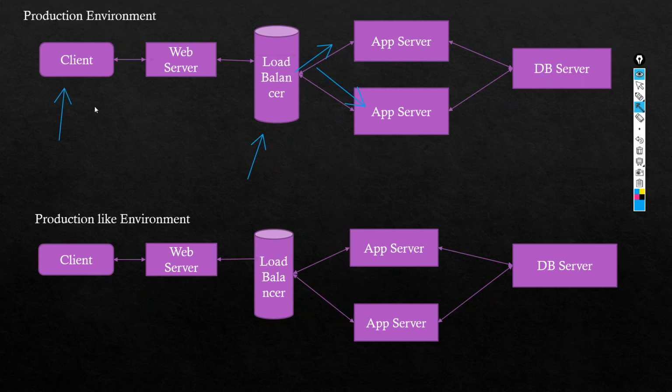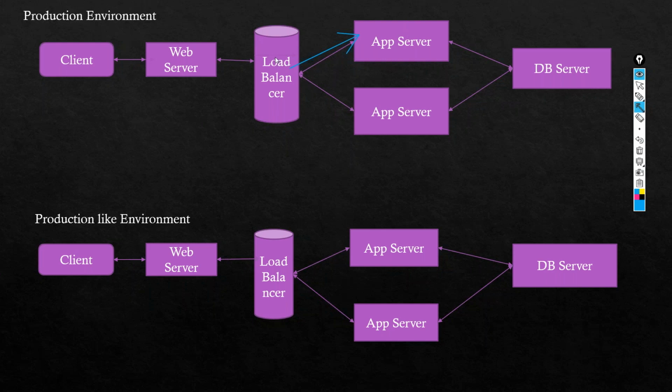Let's say 1,000 people are accessing, and the requests go through this flow. When the 1,000 requests reach this load balancer, it will not send all of them to only one application server. If that happens, that server will take the additional load, be overloaded, and might not respond.